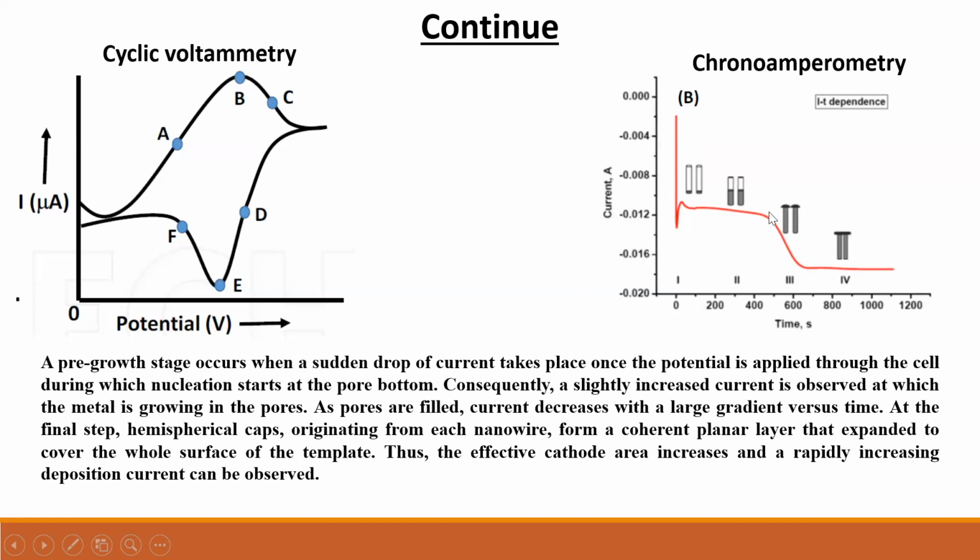Again, the current will remain gradual, but there will be a sudden decrease in the current when over-deposition starts to take place. Then once the hemispheres form a thin film, the current will become continuous again. So we can analyze the growth of the nanowires or nanostructures in the template by analyzing this chronoamperometry curve as well.